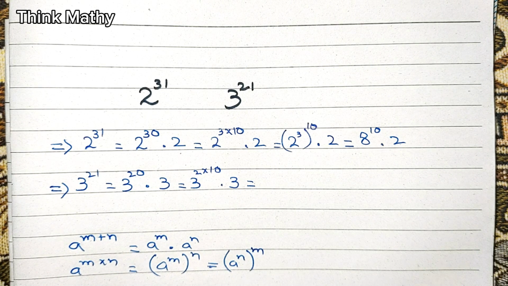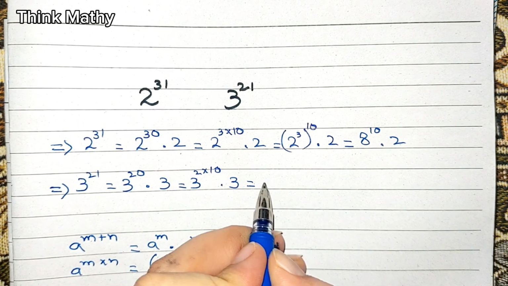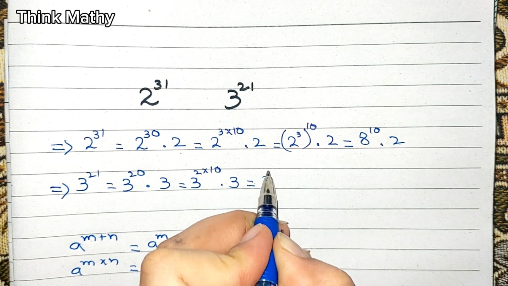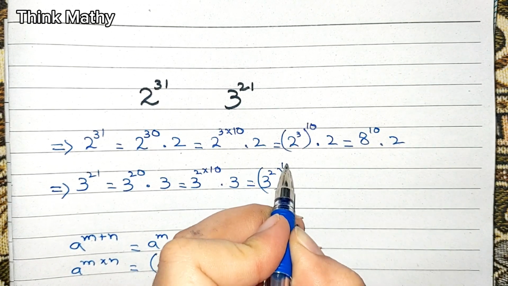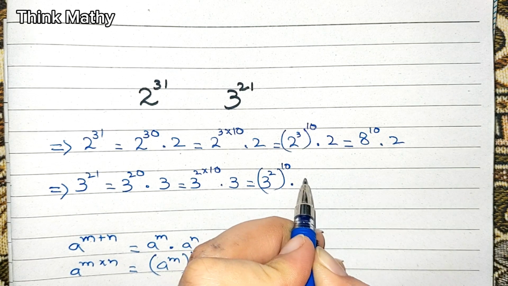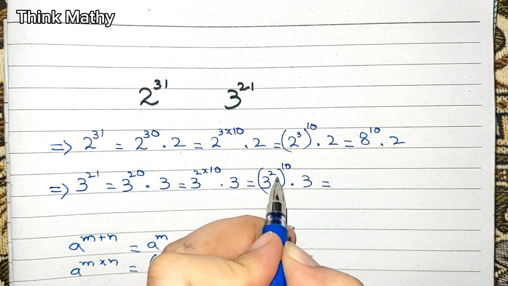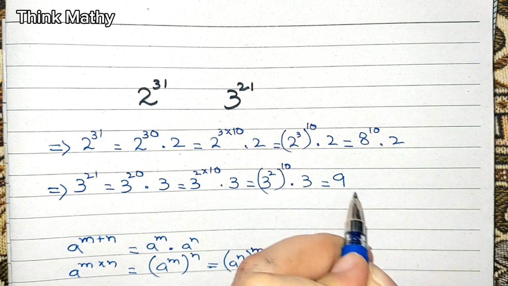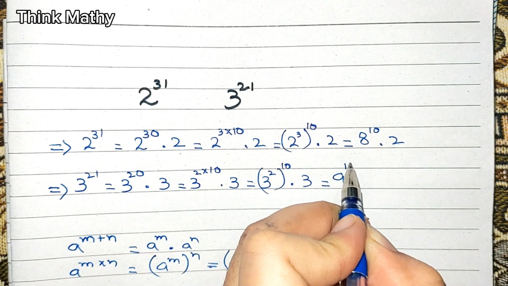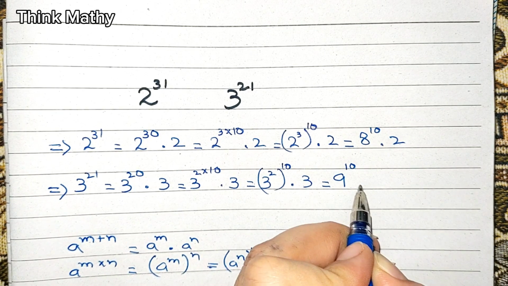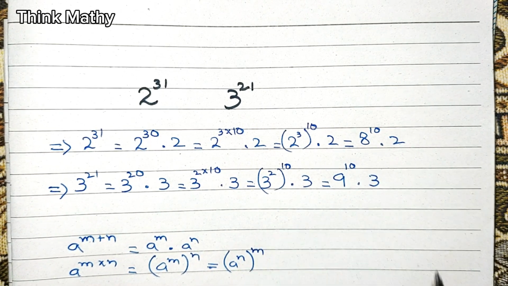Using the same law, that will be 3 square whole 10 times 3. We know 3 square is equal to 9, so it is 9 to the power 10 times 3.